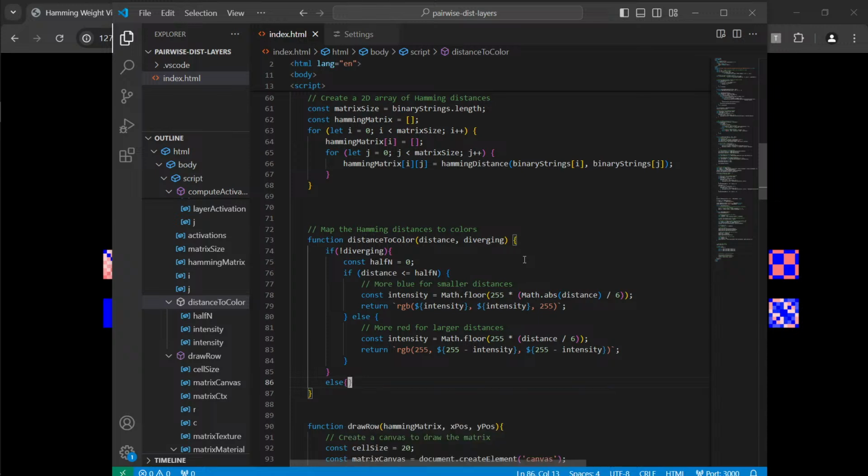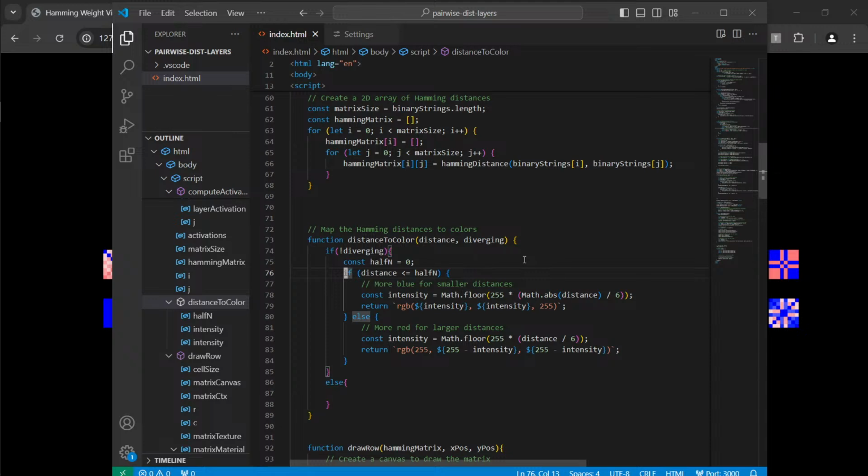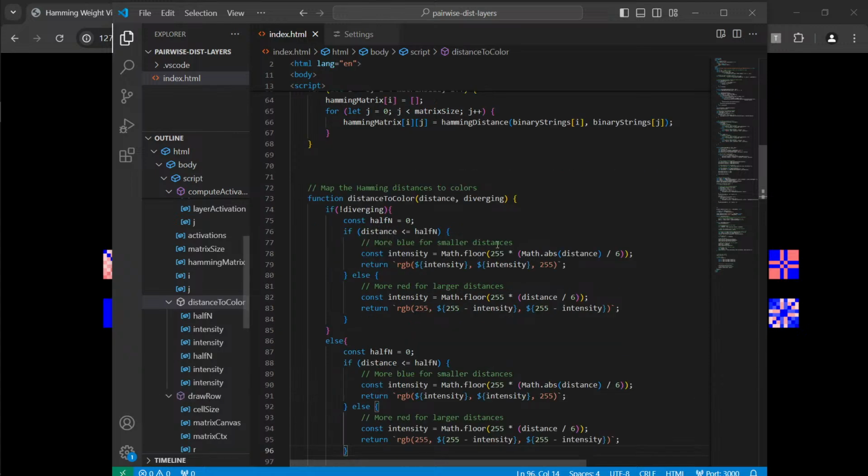Else, right, so if you're not diverging, we don't want any of that.